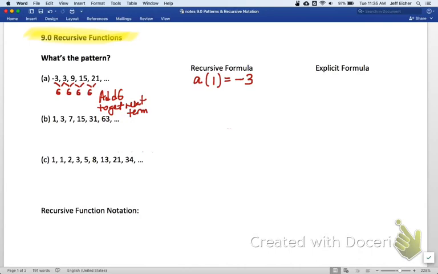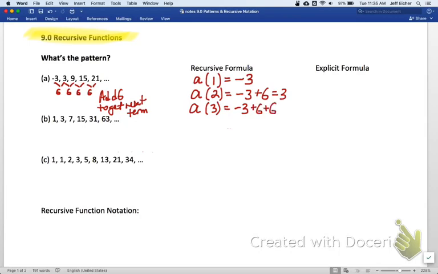And then to get the next term, we add 6 to that. So the next term would be the second term. And we're adding 6 to that, -3 plus 6. So that term would be 3. And then the term after that, the third term, A of 3, would be that -3 plus 6 plus another 6.